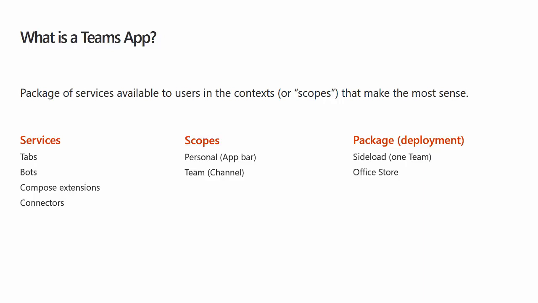They can be personal scopes, such as a one-on-one between your application and one user, or added to a channel inside a team to let all members of the team interact with your application. And lastly, we have to consider that these are packaged and deployed in some manner. One approach is to do a side load, which is what we will do here in this module, or they can be published and registered with Microsoft's Office Store and then made available through the typical deployment mechanisms that you'd expect.